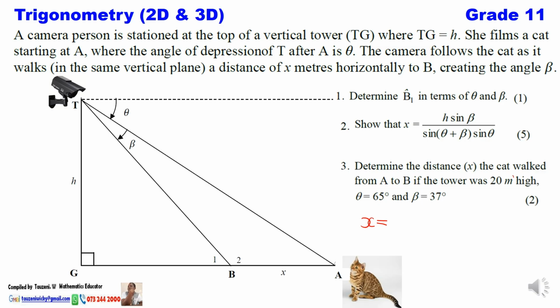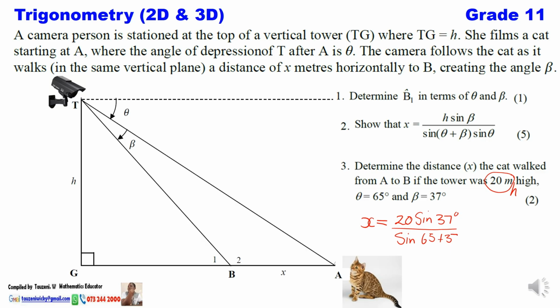So 20 meters is the height of the tower, so that is h, which means x is equal to 20 multiplied by the sine of b, which is 37 degrees, divided by the sine of theta plus b, which is 65 degrees plus 37.